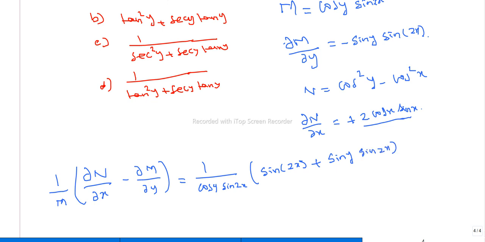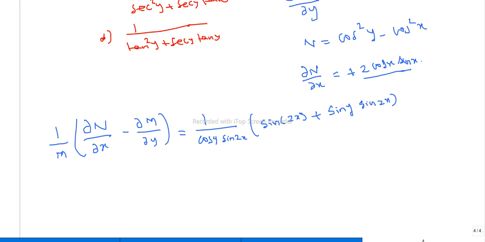We can take sin 2x outside and cancel, and then in the numerator we have 1 plus sin y, by cos y. Now everything is a function of y alone, and we need a function of x alone or y alone in this formula. Y alone, yes. Therefore maybe we can call this g of y.